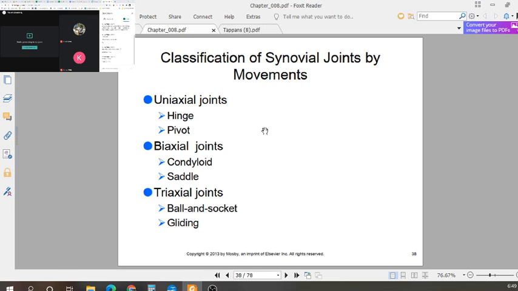Alright. The one that I do want you to start being familiar with is medial rotation. So that is moving toward the midline of the body. Okay, whatever body part. So if I'm in an anatomical position and I medially rotate my arm, which way is my thumb going to go?